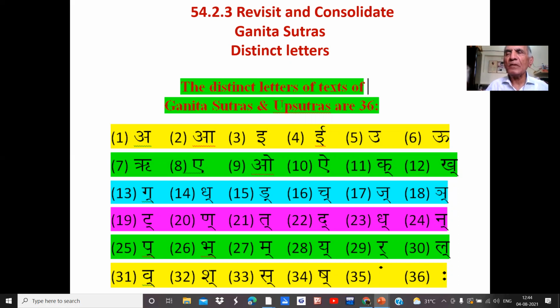Therefore, sadhakas who are fulfilled with intensity of effort to be parallel with Vedic systems shall begin with Devanagari alphabet so that proper basis for initiation of the mathematical domain of individual and collective domain of Ganita Sutras and Upsutras is within the vision, insight, comprehension, and enlightenment of the sadhakas.